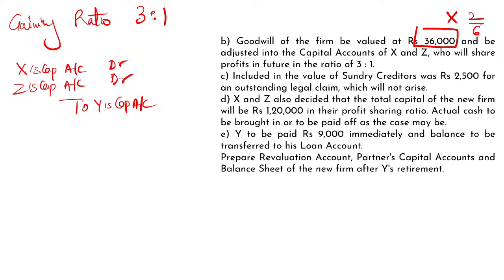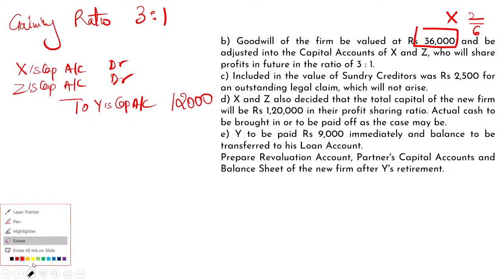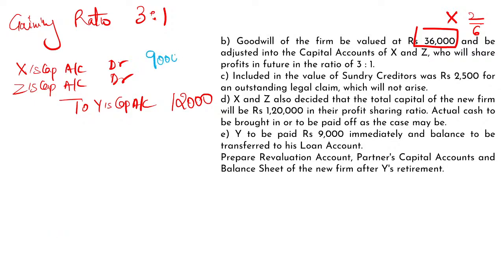The share of the retiring partner is 12,000. Y's share of goodwill is 12,000. This 12,000 will be distributed among X and Z in the gaining ratio. So it will be 9,000 and 3,000.